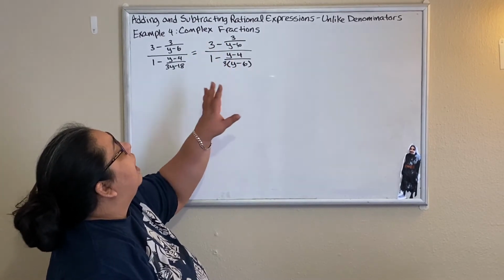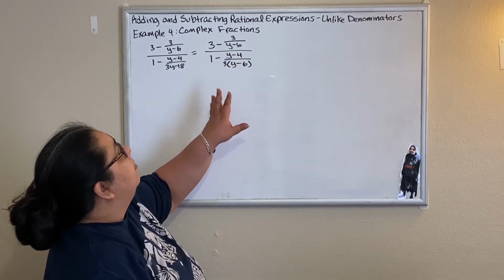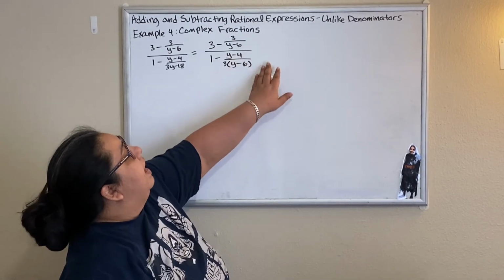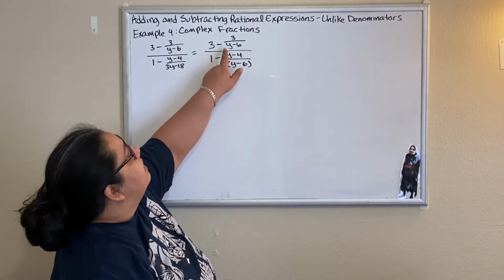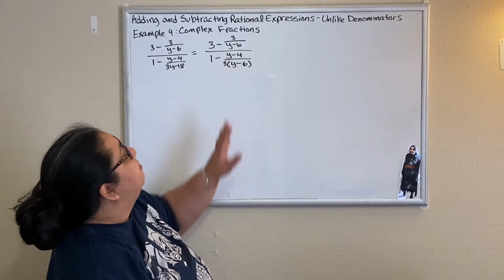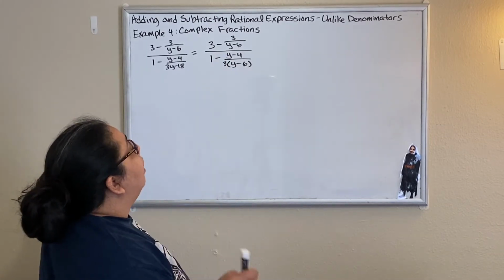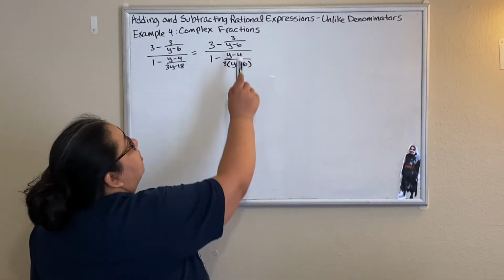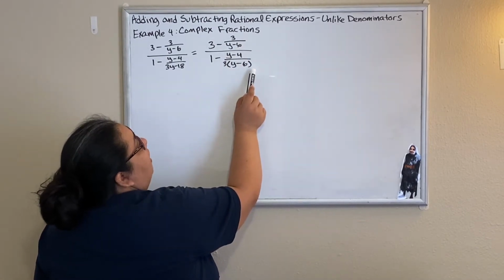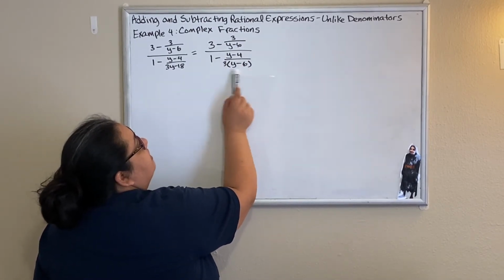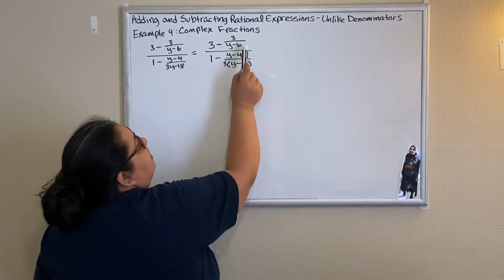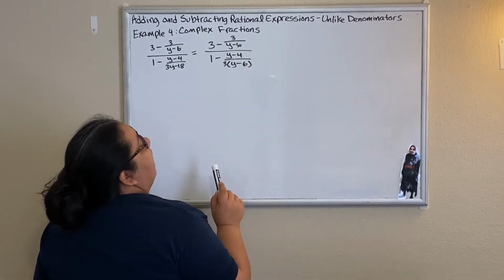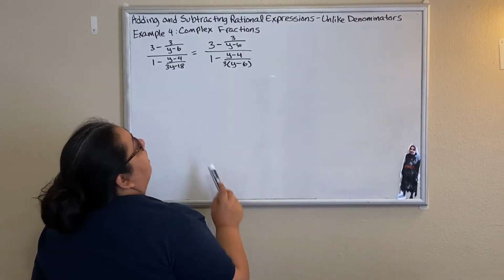Because these are in a complex fraction, I can multiply in the numerator and in the denominator by these other denominators to simplify them. So the lowest common denominator between y minus 6 and 3y minus 6 is indeed 3y minus 6 because they both share y minus 6 as a denominator. So we also need that additional 3.